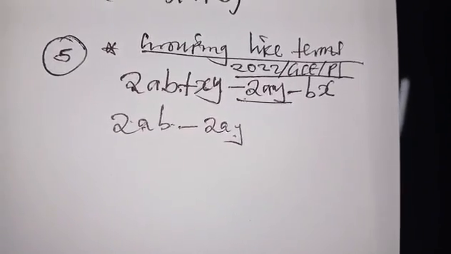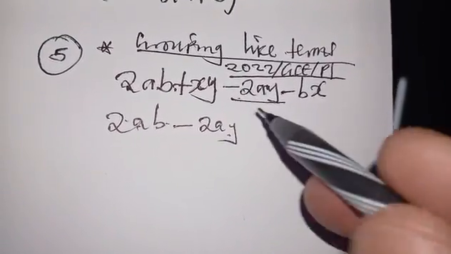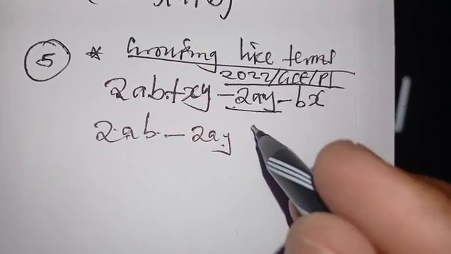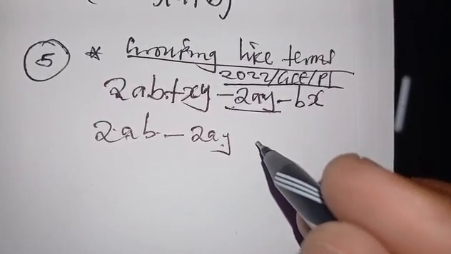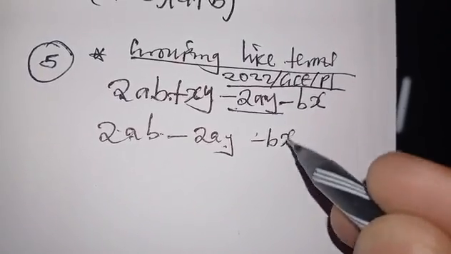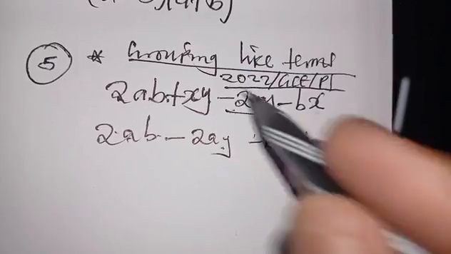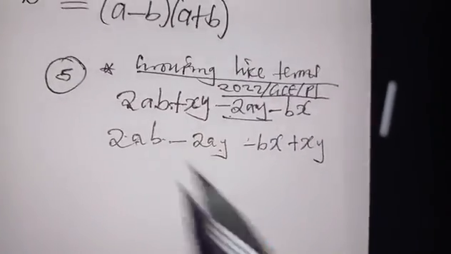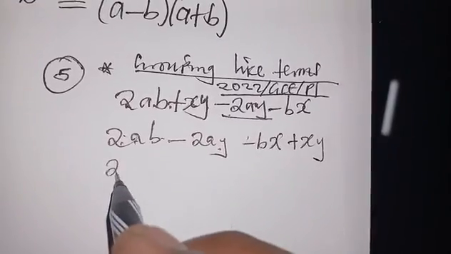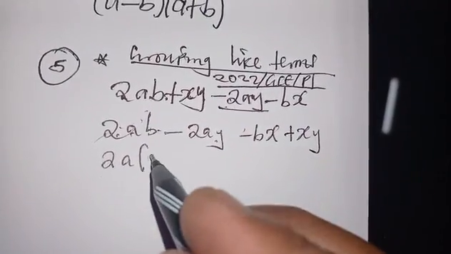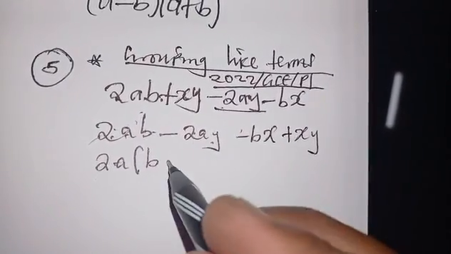You're looking at a. Then here you say negative bx plus xy. It's one and the same. 2a is common here, so 2a into 2a, the answer is 1, multiplied by b. 2a into 2ay, you remain with y.